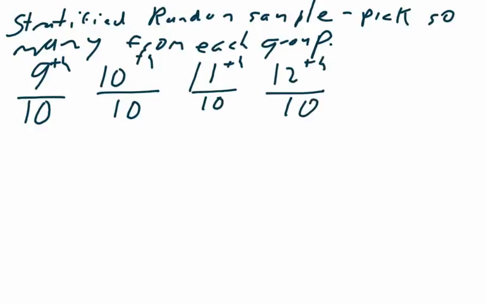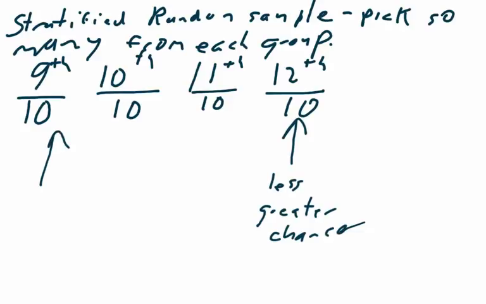Now, this is not a simple random sample because not everyone has the same chance of being picked. The 12th graders, because there are fewer, have a greater chance to be picked, whereas with the freshmen, there's tons of them, so they have a lower chance of being picked.